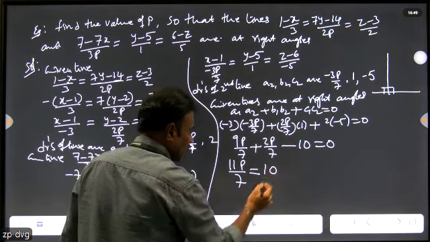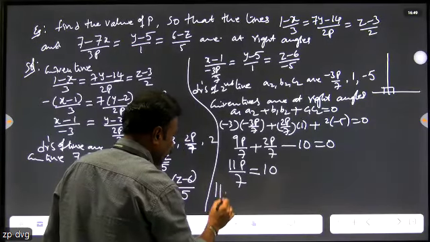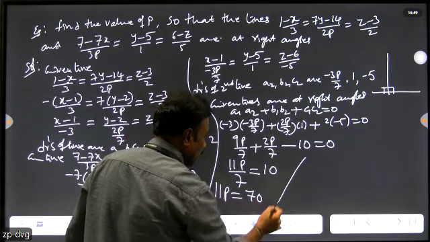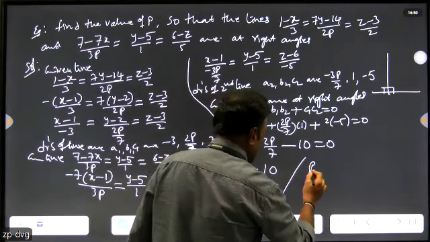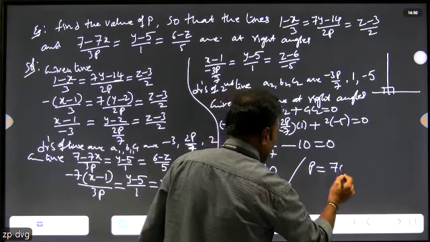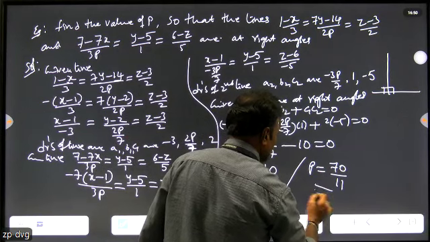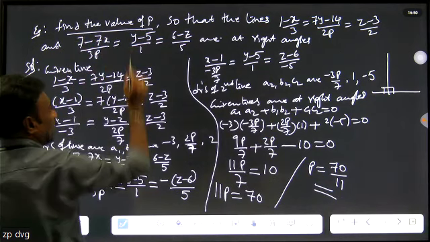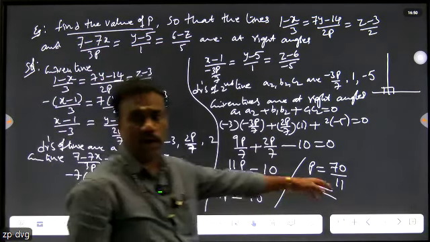So 7 cross multiply, 11p is equal to 70. So you will get p is equal to 70 by 11. So you have to find the value of p. P value is 70 by 11.